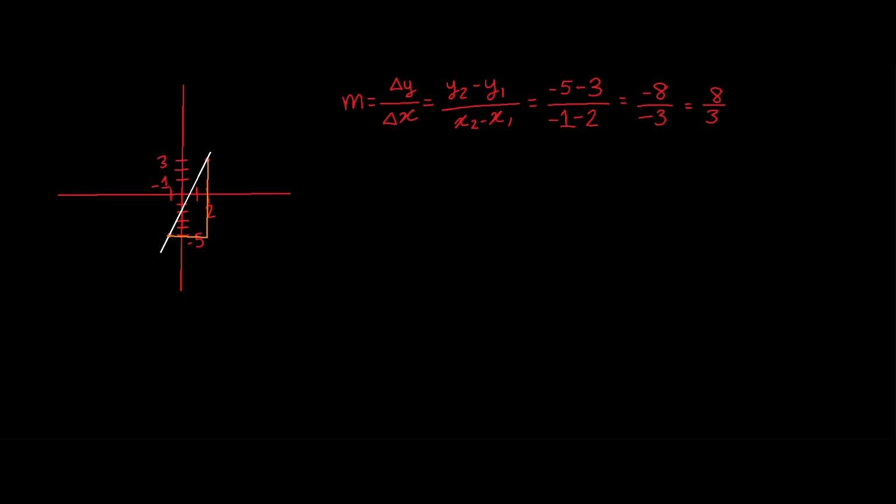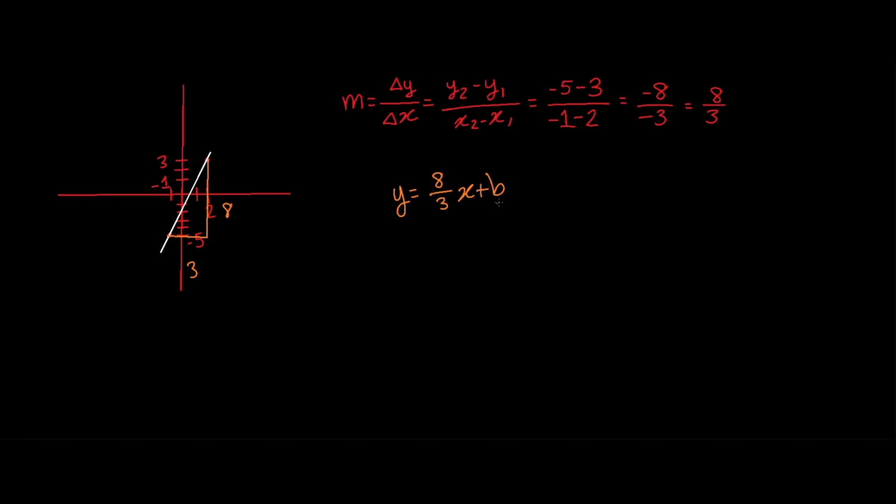So the slope of this line would be 8/3. So if we substitute that back into our previous formula, y equals mx plus b, it would be y is equal to 8/3 x plus b.